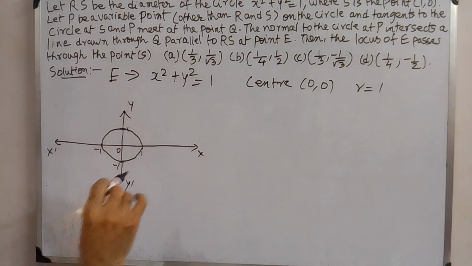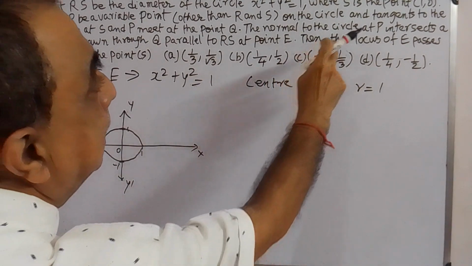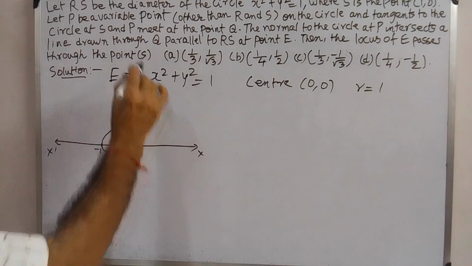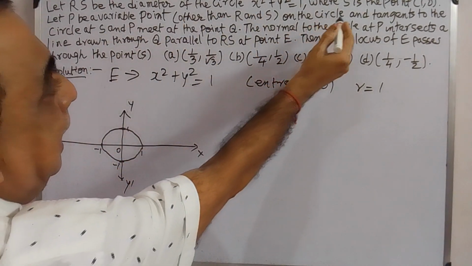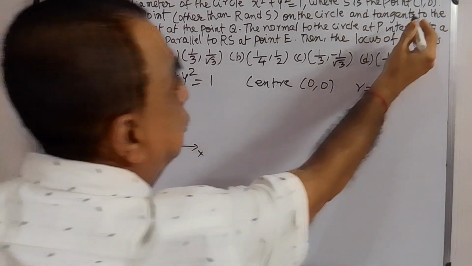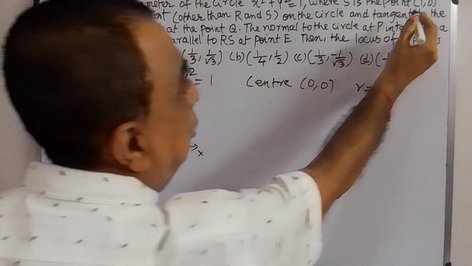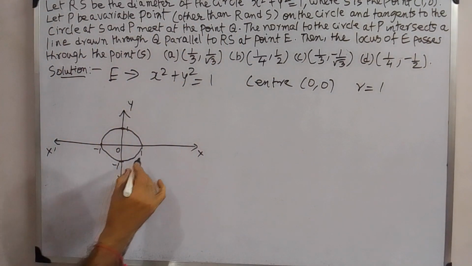It is being told to us in the question that RS is the diameter of this given circle, and S is the point (1, 0). The point (1, 0) means the x coordinate is 1 and the y coordinate is 0, so it is lying on the x-axis.